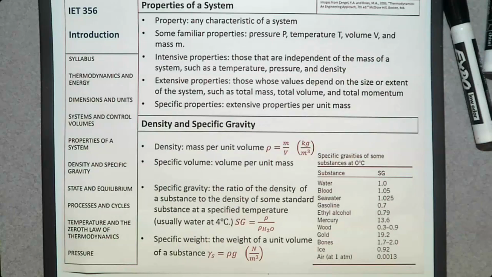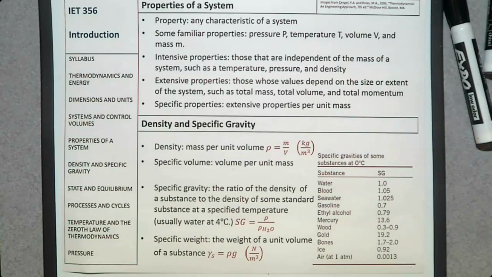Regardless of the mass of the system, regardless of how much you weigh, some people are 150 pounds, some people are 200 pounds, 250 pounds. Everyone has the same body temperature. So the temperature is independent of mass. Pressure is also independent of the mass.